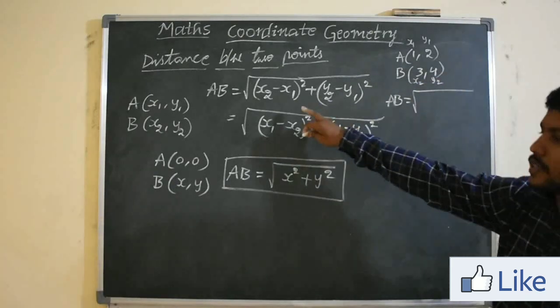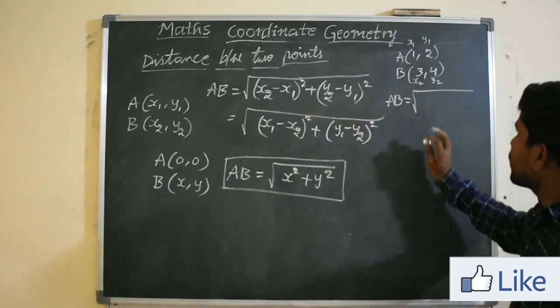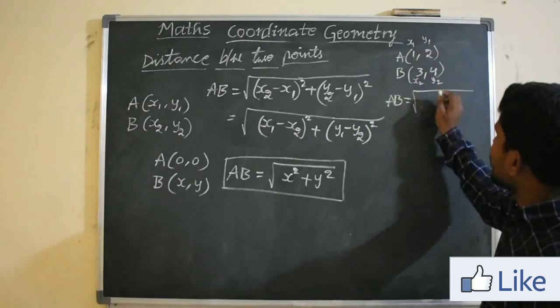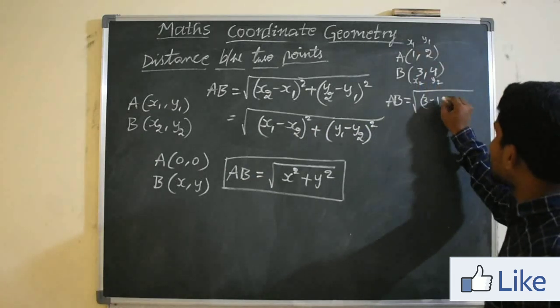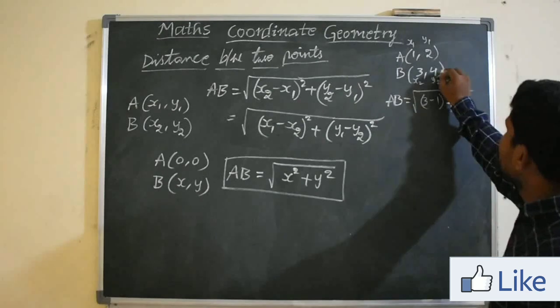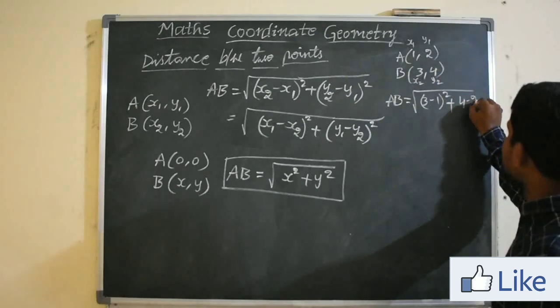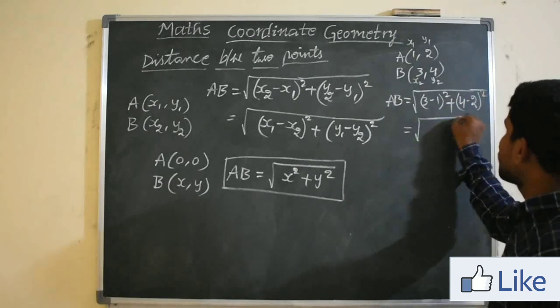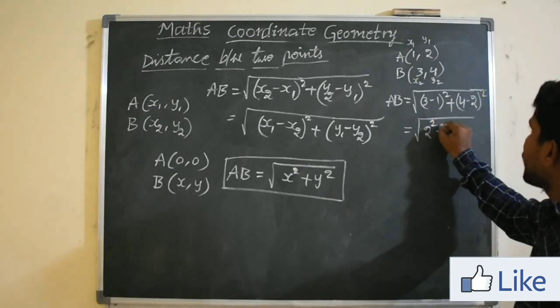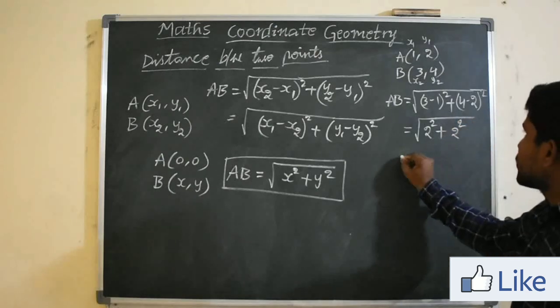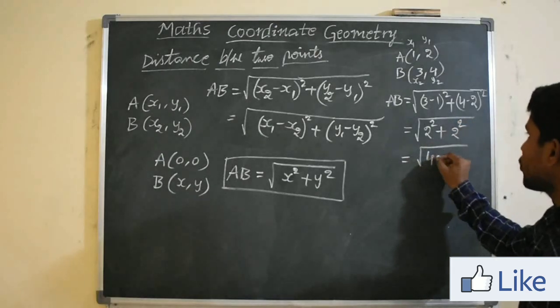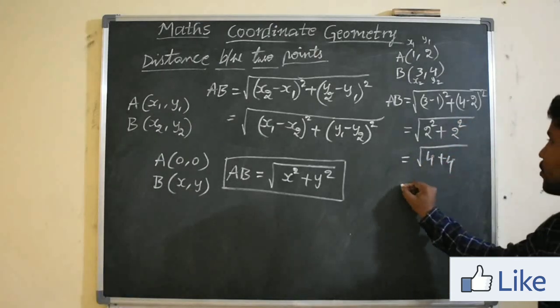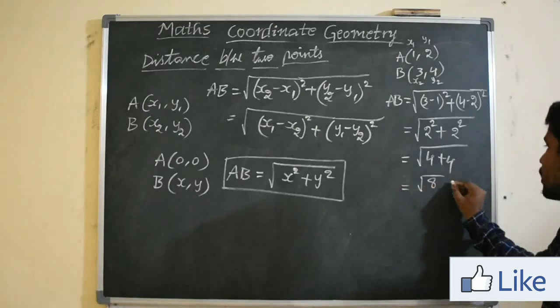Now simply substitute the values in the formula: x2 minus x1, 3 minus 1 whole square, plus 4 minus 2 whole square. That is 2 square plus 2 square, which is equal to under root of 4 plus 4, which is equal to under root of 8 units.